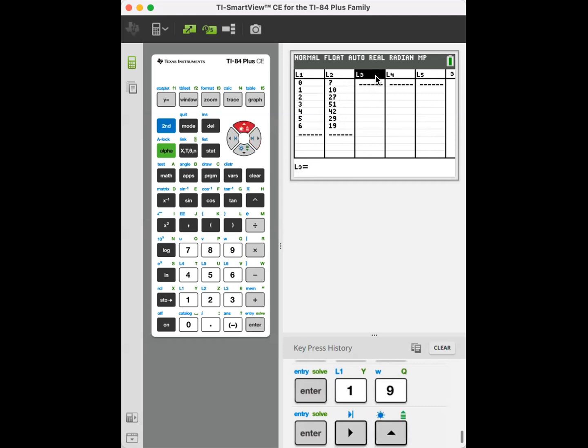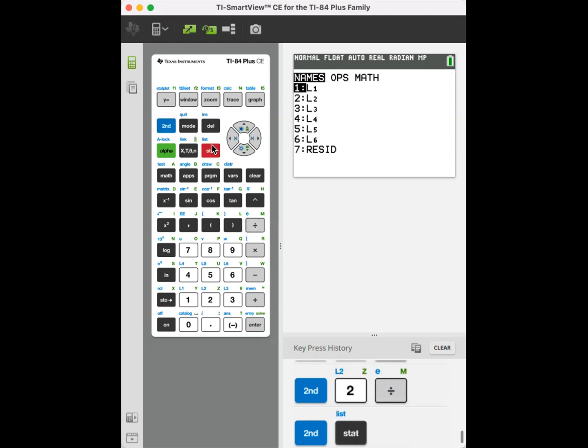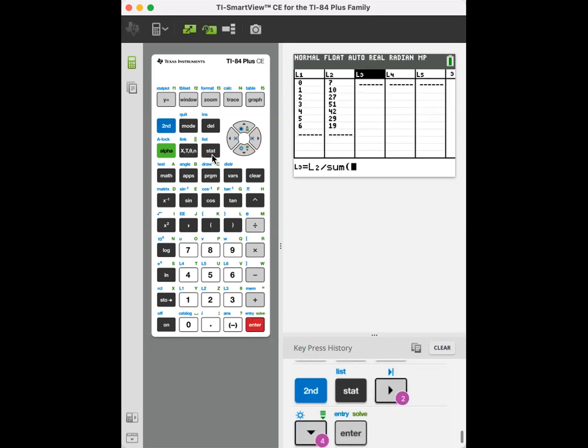Now we want L3 to be what? You highlight L3, and it has to be L2, second function L2, divided by the sum of. So you go to second function list, select sum, and then second function L2.